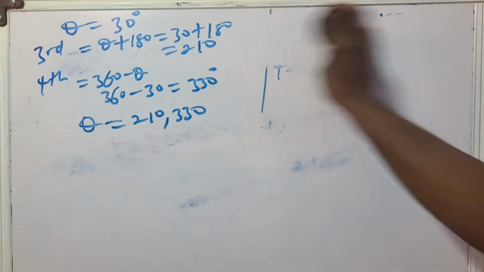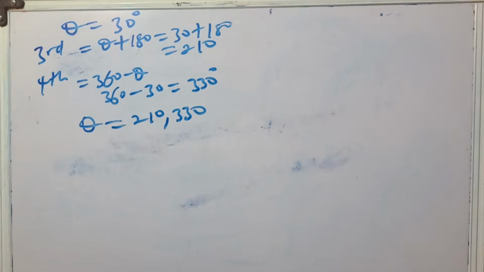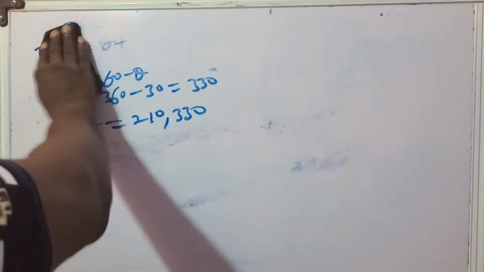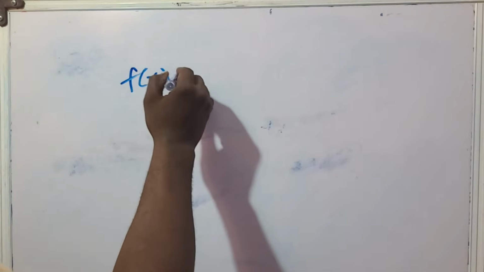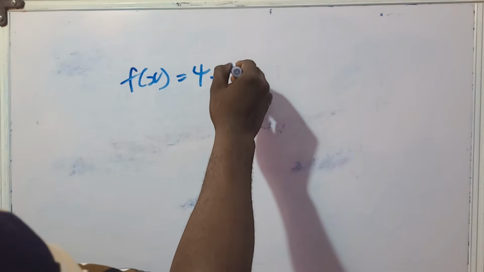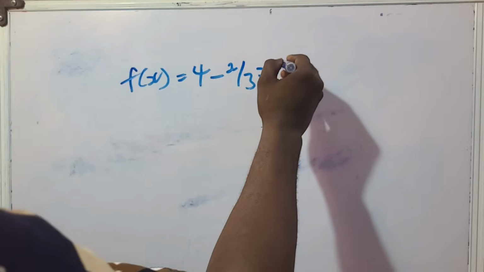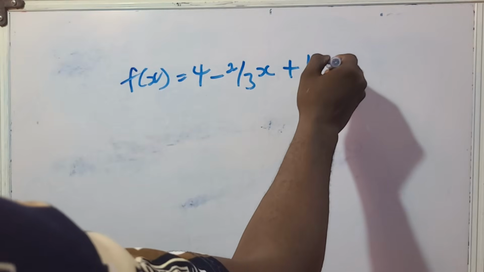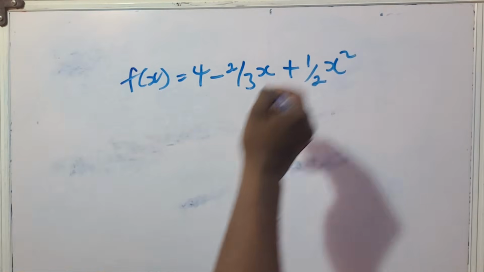So we have a question. If you have, you can take the question now. What is the critical number of the function? It's a very simple one. I'm sure you guys can throw the answers to me in probably 2 seconds. This is the function: 4 minus 2 over 3 x plus 1 over 2 x squared.